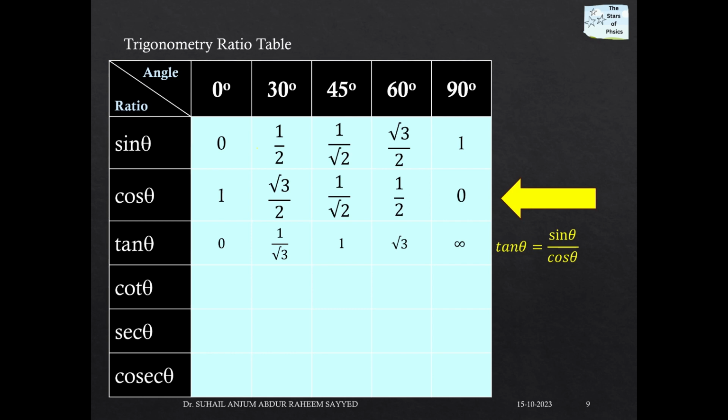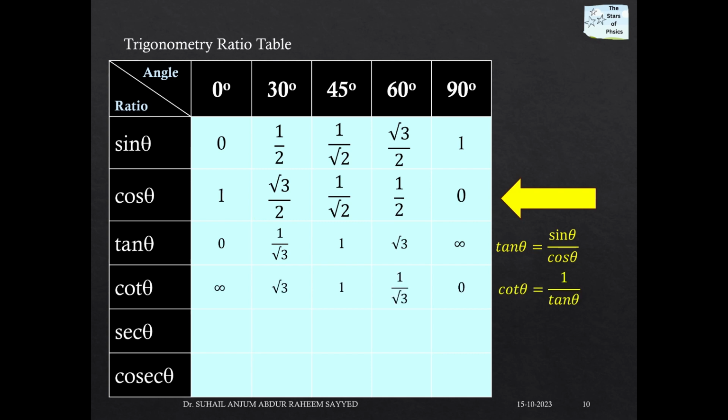Then 1 by 2 divided by root 3 by 2, so 2 will get cancelled and it will be 1 by root 3. Then 1 by root 2 divided by 1 by root 2 will get cancelled, so it will be 1. Then root 3 by 2 divided by 1 by 2, we get root 3. And tan of 90 degrees will be 1 divided by 0, and we know that 1 divided by 0 is not defined, so it is written with the symbol not defined.